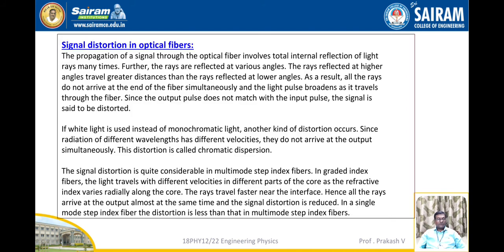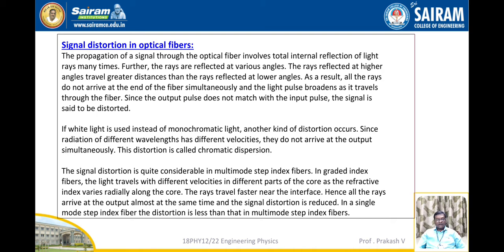Next, here I am going to discuss signal distortion in optical fibers. The propagation of a signal through the optical fiber involves total internal reflection of light. Further, the rays are reflected at various angles.